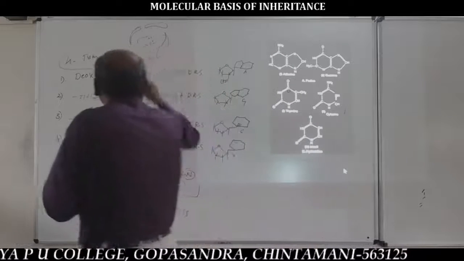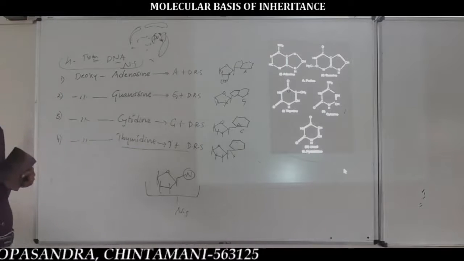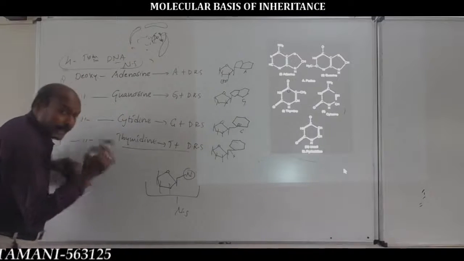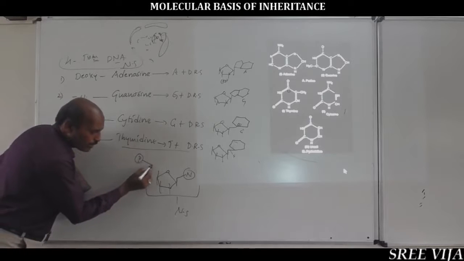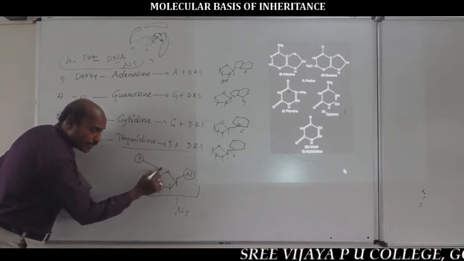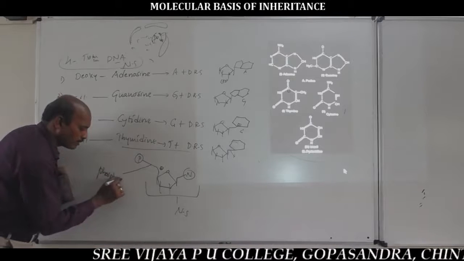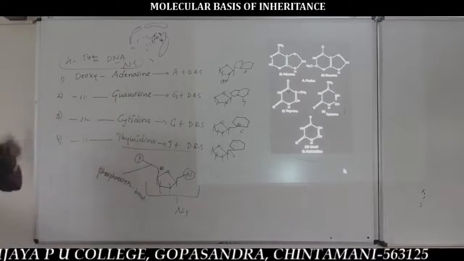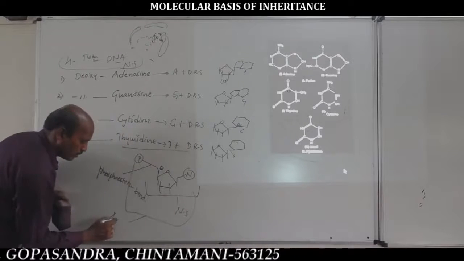Listen here, the phosphate group, PO4 3-, present in the nucleoplasm of a cell binds to the pentose sugar of the nucleoside at the 5th carbon atom through a phosphoester bond. Phosphoester bond, never phosphodiester bond. The phosphoester bond results in formation of a nucleotide.